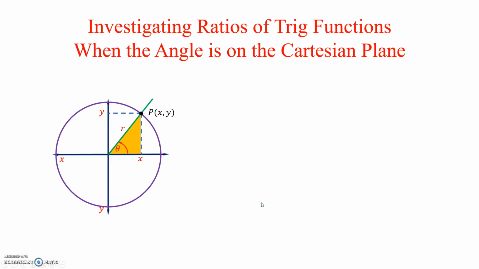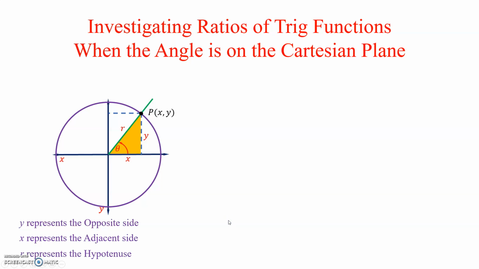Well, this can help us focus in on a particular triangle. No, we're not working with a triangle, but this illustration leads us into transitioning from the triangle into the Cartesian plane. So if this is the case, our coordinates can be represented by the lengths of the different sides of our right triangle. If this was the triangle, y would be our opposite side, x would be the adjacent, and r would be the hypotenuse.